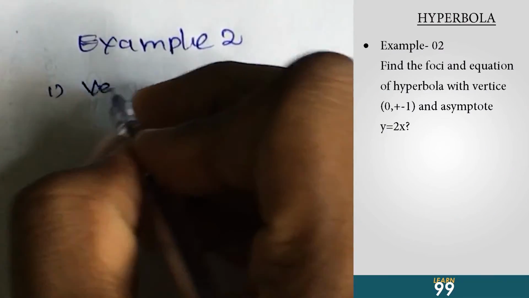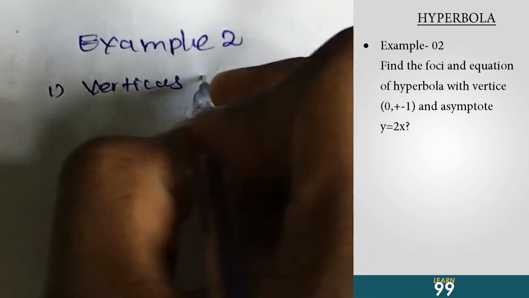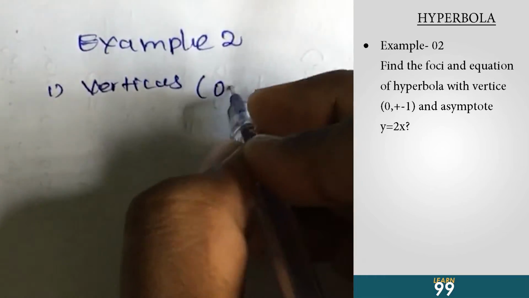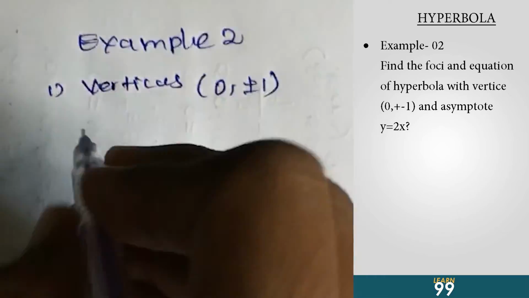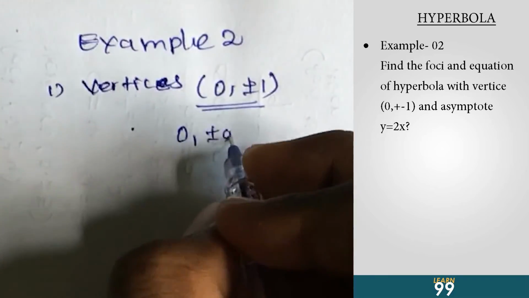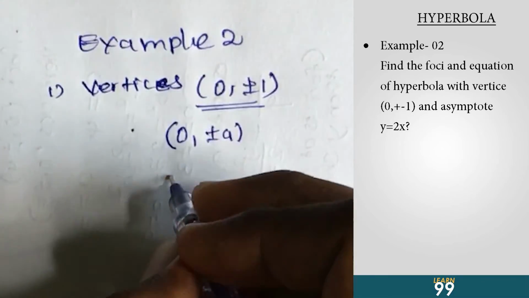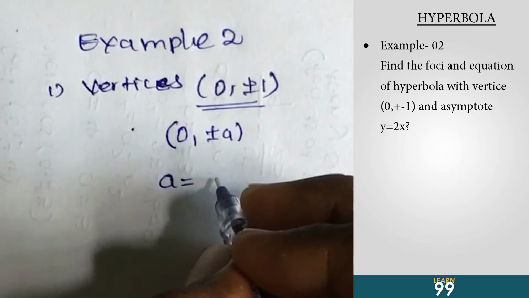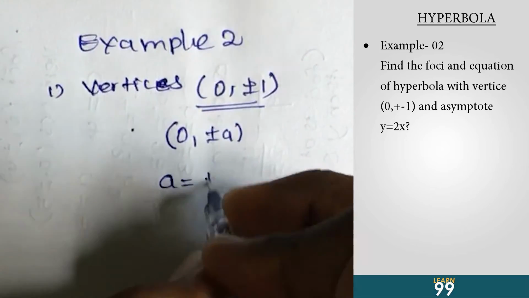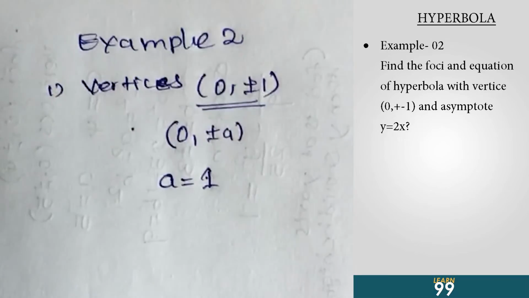Let's move on to our second example. Our vertices are 0 comma plus or minus 1. It's looking the same as we proved before. So we can find our a value, that is 1.